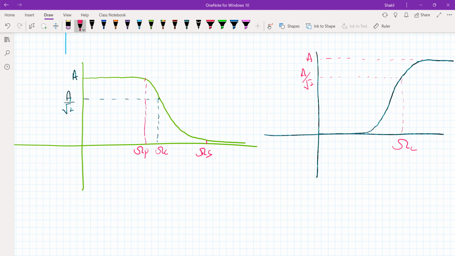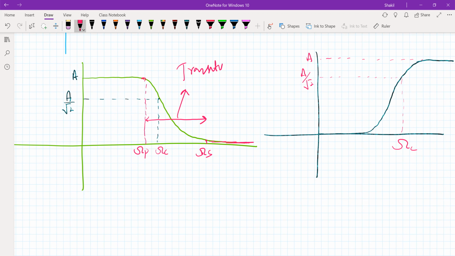This is the frequency at which the magnitude is still A, and this is the point where we have some lower magnitude. Omega s is the beginning of the stop band, and the region between omega p and omega s is referred to as the transition band.